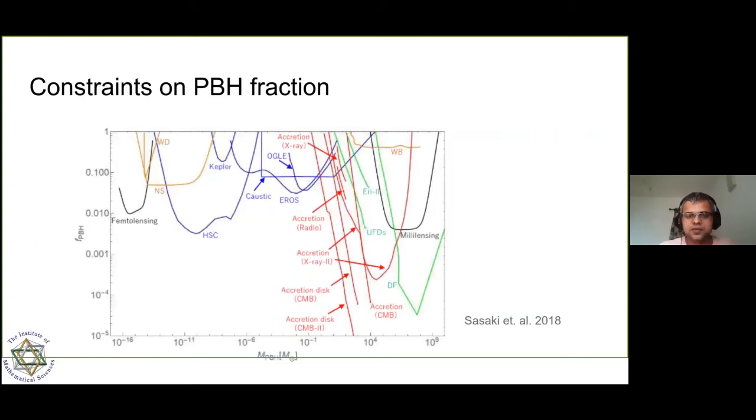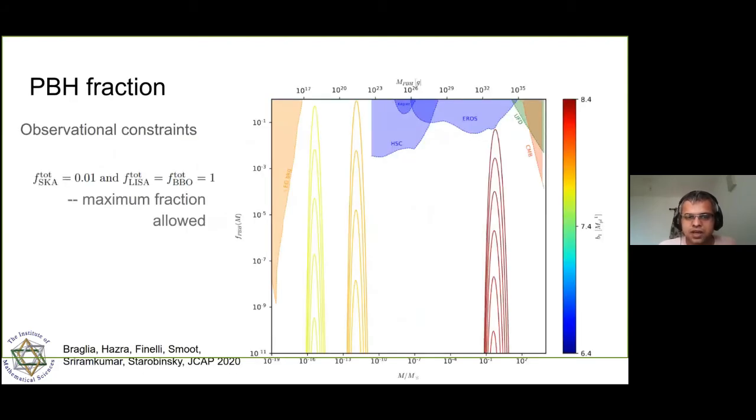And these are the observational constraints that you can find, and we are not showing all of them, but these are the observational windows where you can get constraints. Where you do not have constraints, you can get your primordial black holes to contribute to the full density of the cold dark matter.